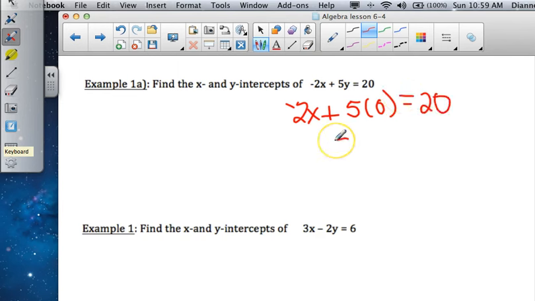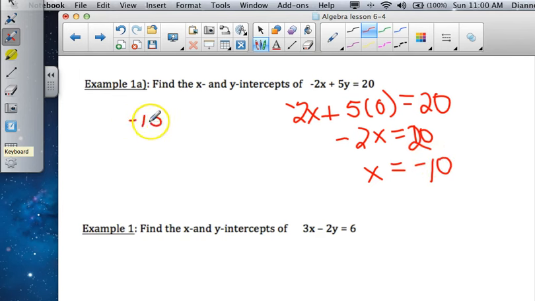So this is just going to be negative 2x equals 20. So x equals negative 10. So negative 10, 0 would be a point on that line, and that would be the x-intercept.